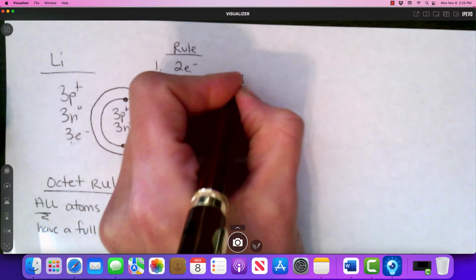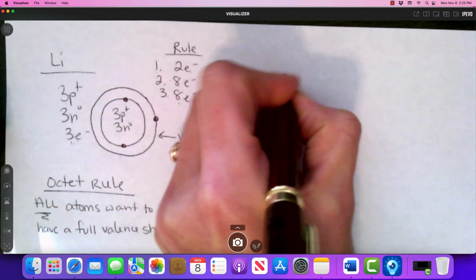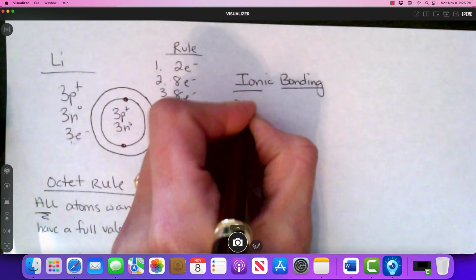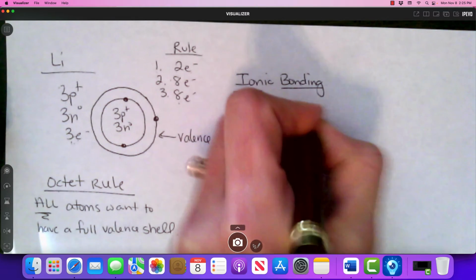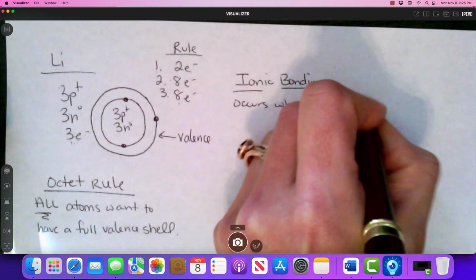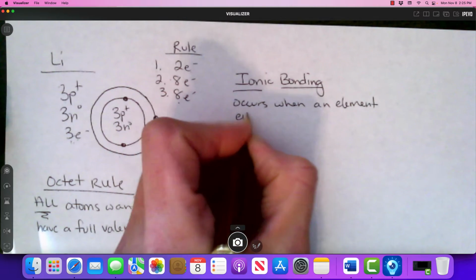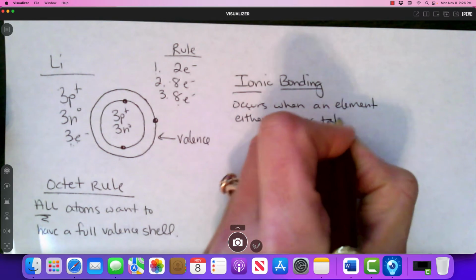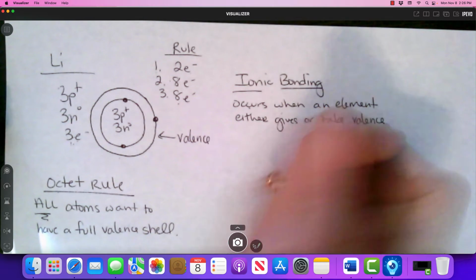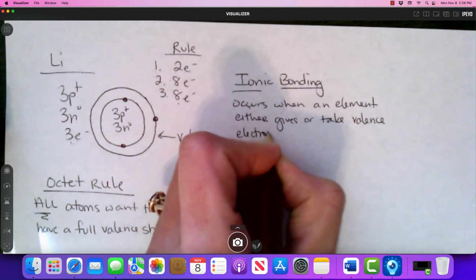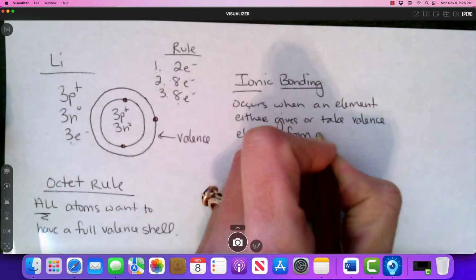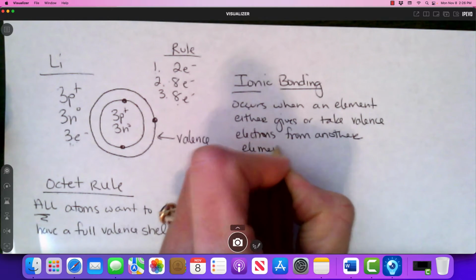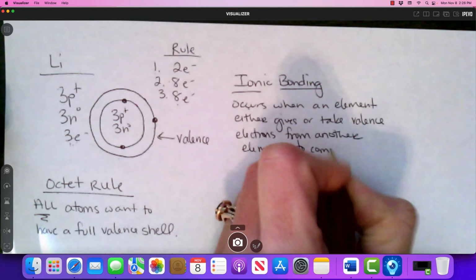So bonding, ionic bonding, occurs when an element either gives or takes valence electrons from another element to complete the octet rule.